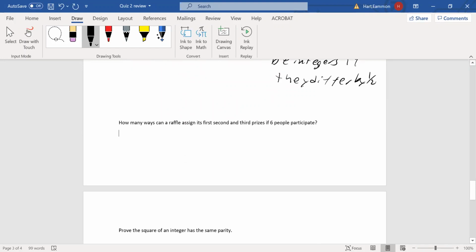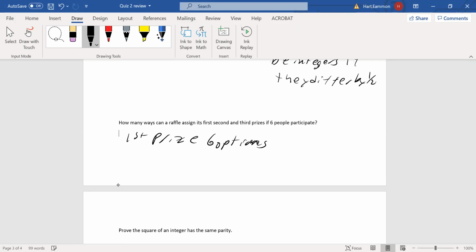How many ways can a raffle assign its first, second, and third prizes if there are 6 participants? This is the ordered subsets section. Does anyone want to hazard a guess what it'll be? Nope, nobody. Well, for first prize, 6 options.